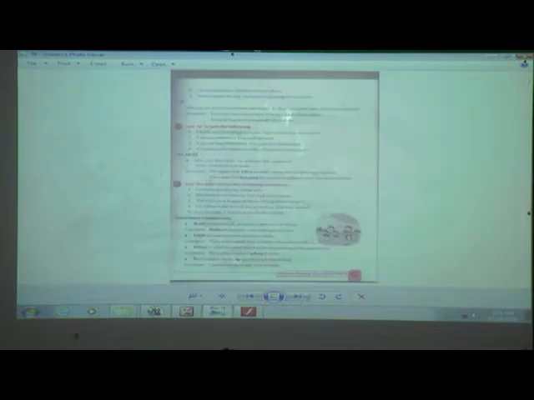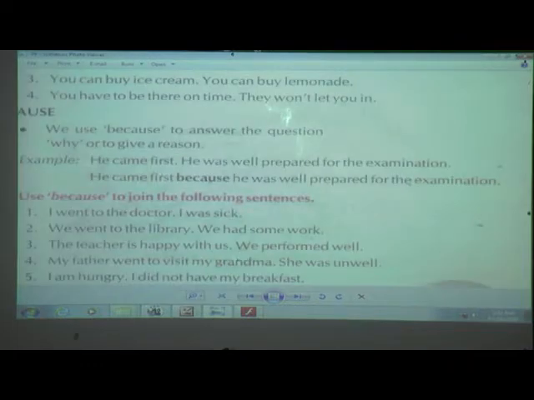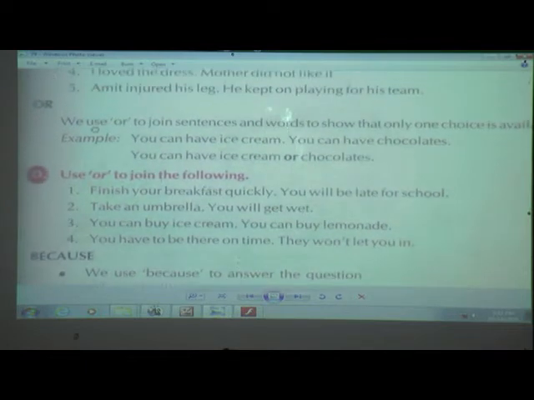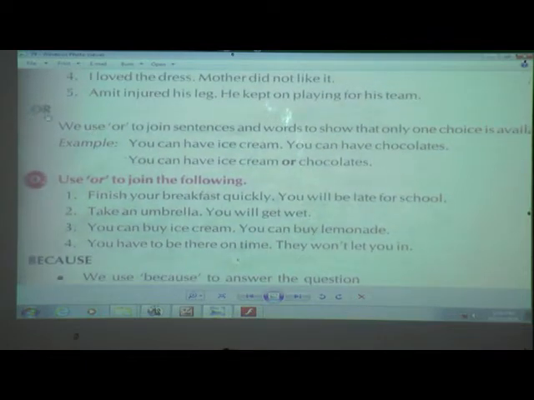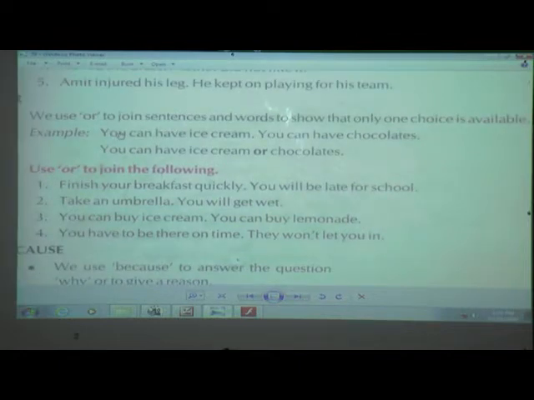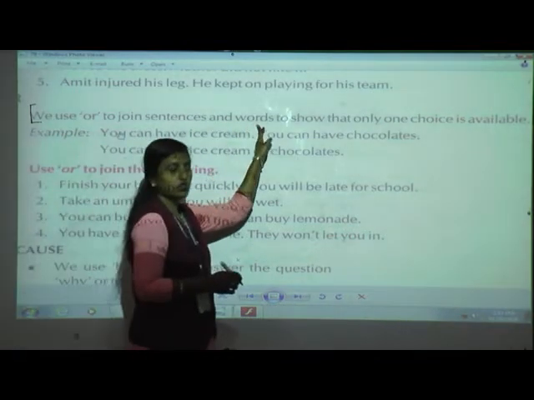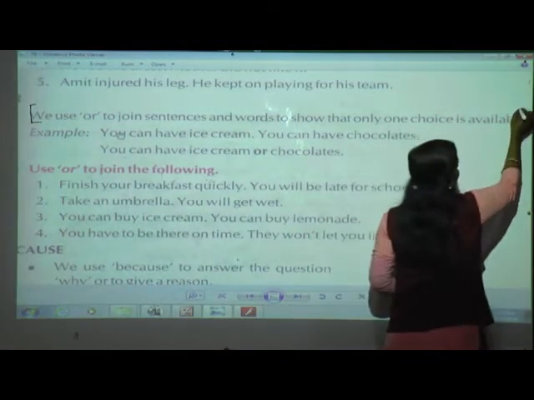Okay? So today we are going to start with a new conjunction, that is, yes, or. Okay? Or. The third conjunction. Why we are going to use or? Now or is used for what? Yes, it is used to join sentences and words to show that only one choice is available. Understood? Again I'll repeat, we use or to join sentences and words to show that only one choice is available for us.